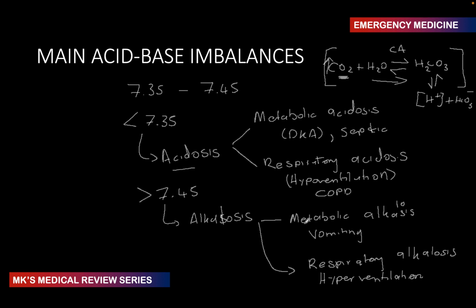So the four main acid-base imbalances I want you to keep in mind, bare basics, are our metabolic acidosis, our respiratory acidosis, our metabolic alkalosis, and our respiratory alkalosis. Now, if you have problems in the metabolic system, you expect to have some changes in the respiratory system.